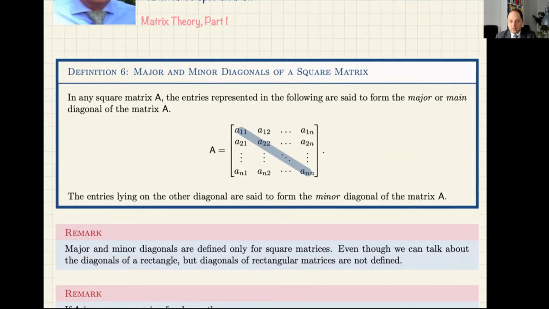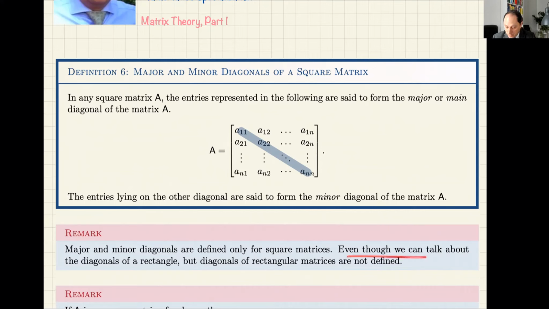So don't make a mistake about this. In geometry, rectangles also include diagonals, but this is not for rectangular matrices. So whenever I talk about minor and major diagonals, it means that I am considering a square matrix. That's it.